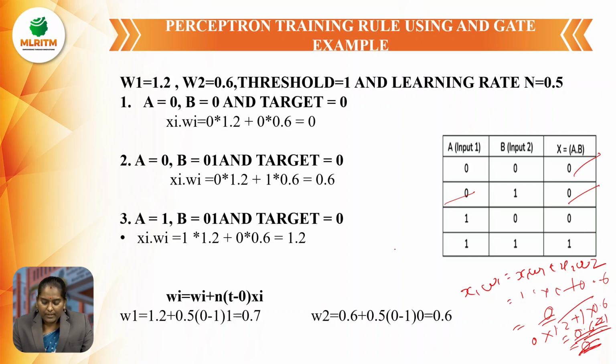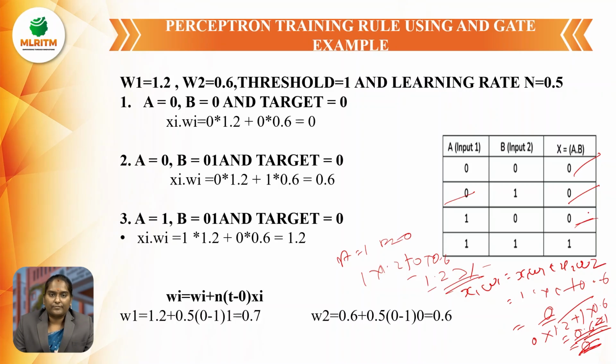Next, the third one: A equal to 1 and B equal to 0. So 1 into 1.2 plus 0 into 0.6 gives 1.2, which is greater than 1. So the actual output is 1, but the target output is 0. Here the condition is not satisfied, so we have to modify the weights.